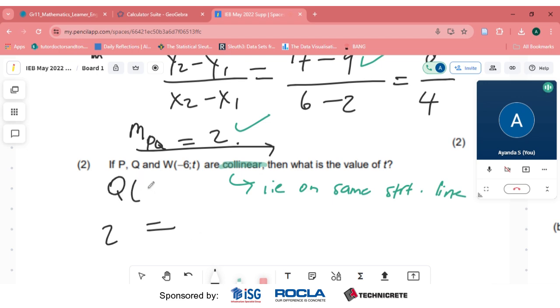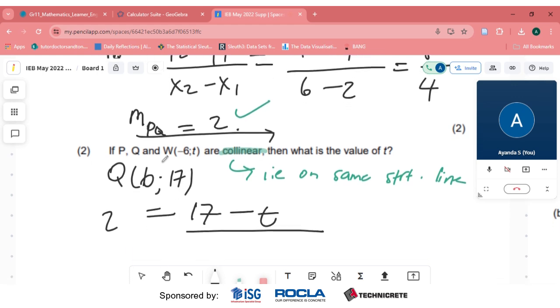We know Q is given by 6 and 17. We can substitute y2 minus y1. So I'm going to choose 17 as my y2 once again, minus y1 would be t, minus t, divided by x2 would be 6, minus minus 6.